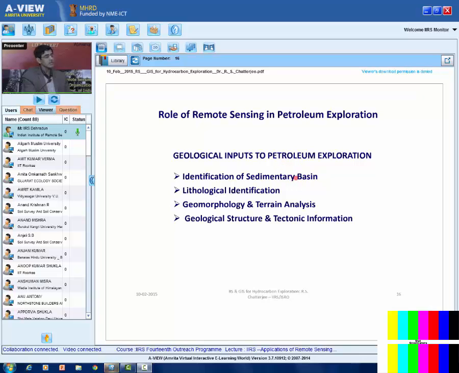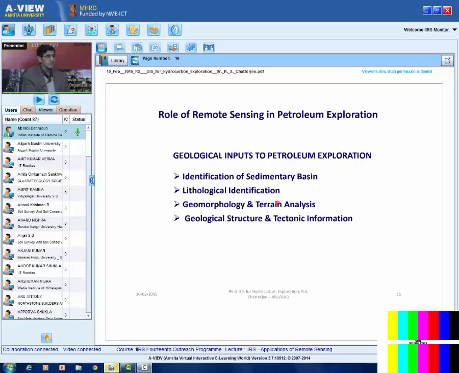Then if it is a sedimentary basin, what kind of rocks are there? So lithological discrimination or rock type identification is important. And then geomorphology and terrain are important, because from the geomorphological anomalies or terrain anomalies, you can interpret that there is some geological structure underneath, okay?